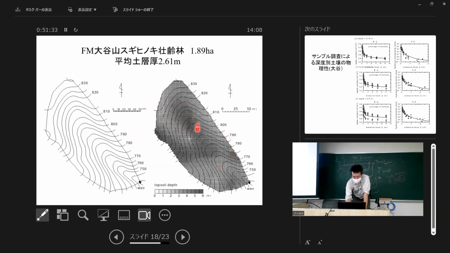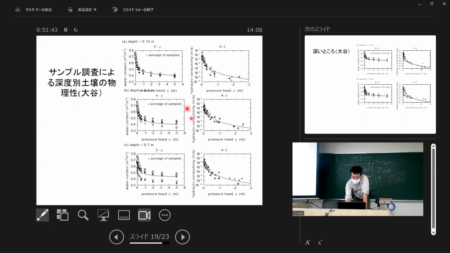This is the Oya watershed, and this is the topsoil depth distribution. And again, theta psi and k psi like this.